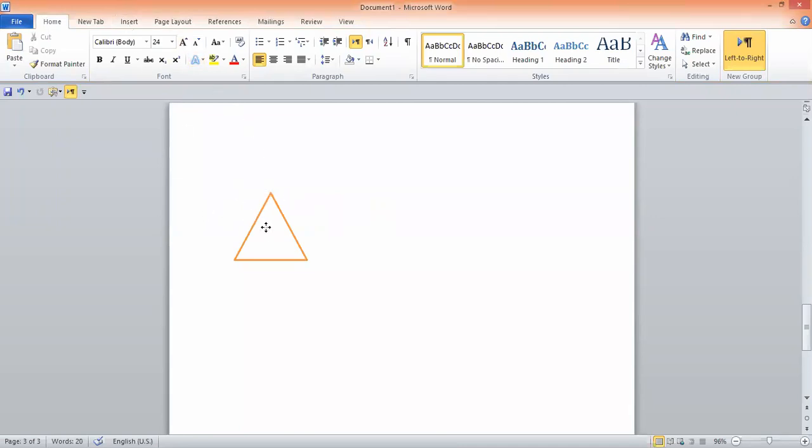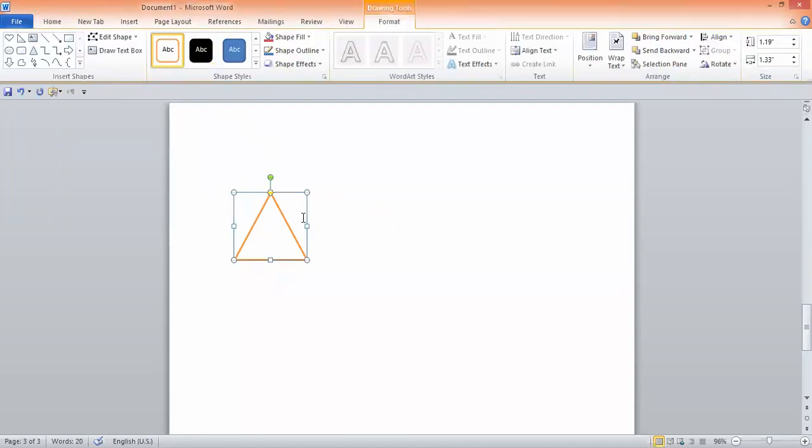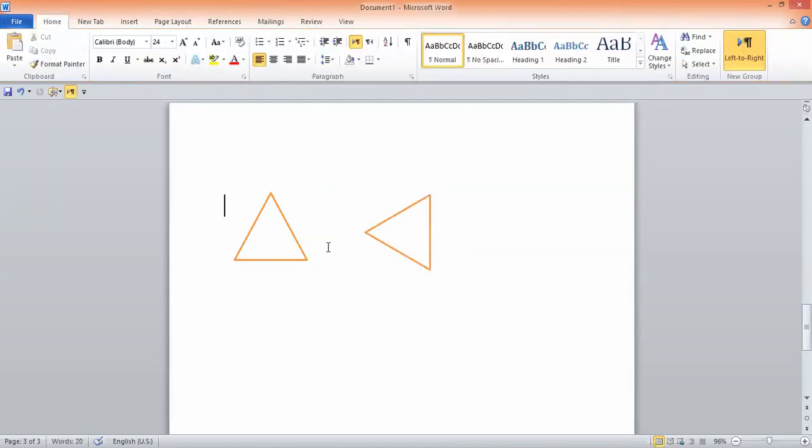If you move any triangle anti-clockwise, I'll show you how it will be. When I move it anti-clockwise, this corner moves up to the left side and the shape will look like this. Is it clear, guys?